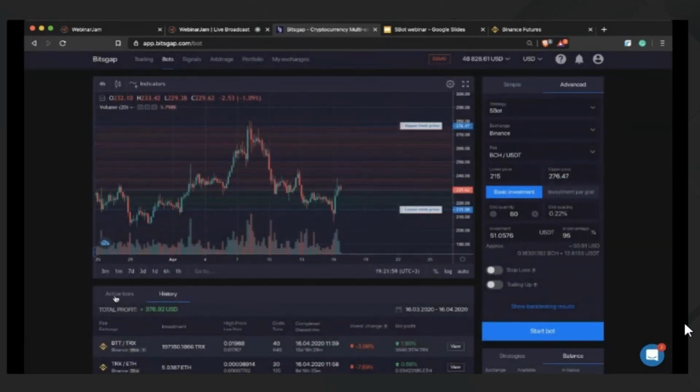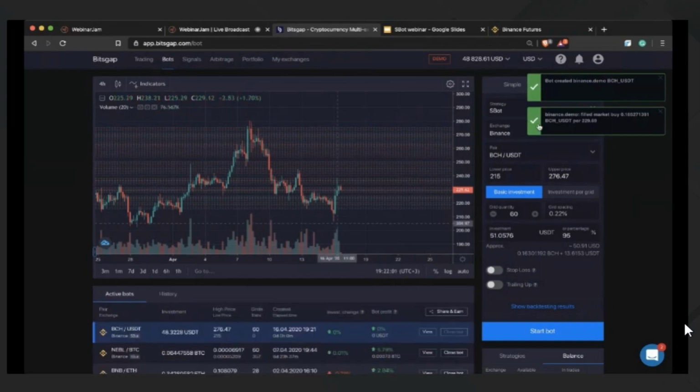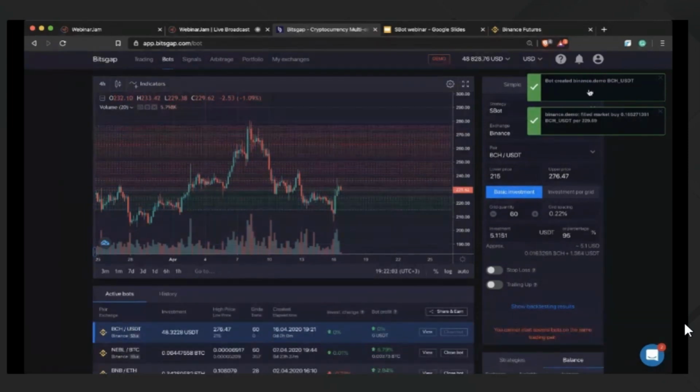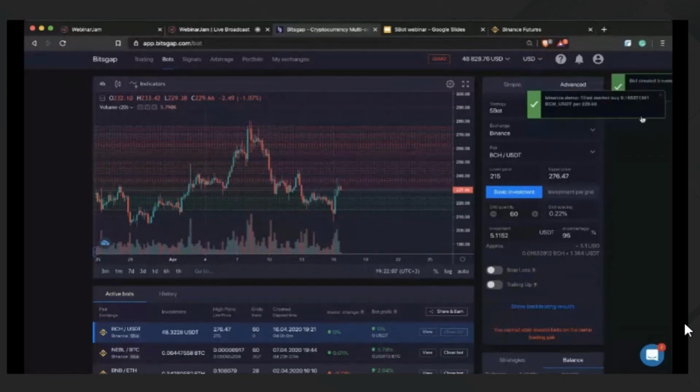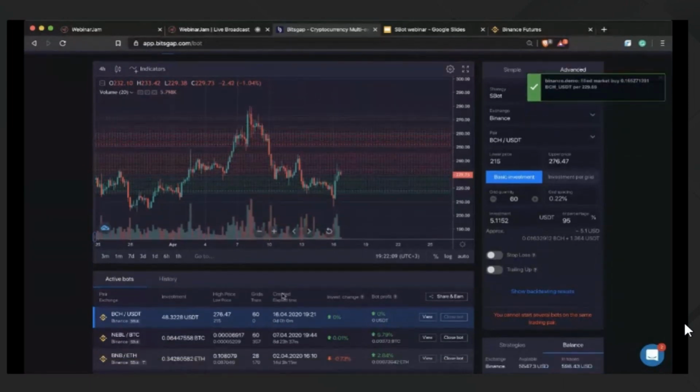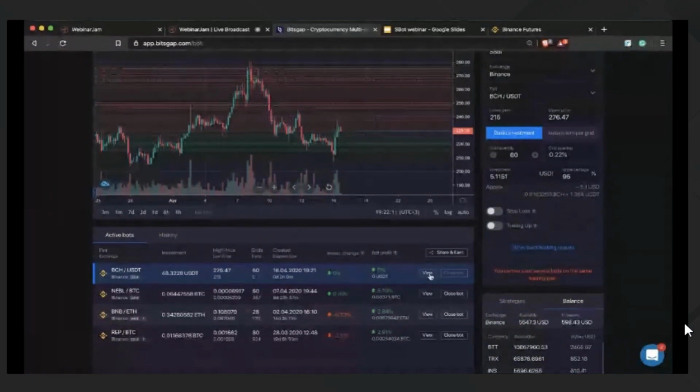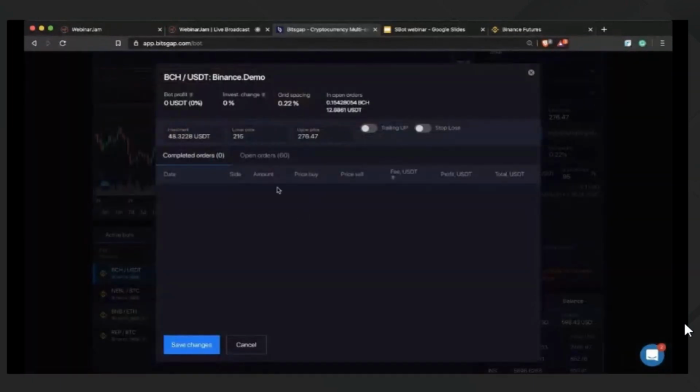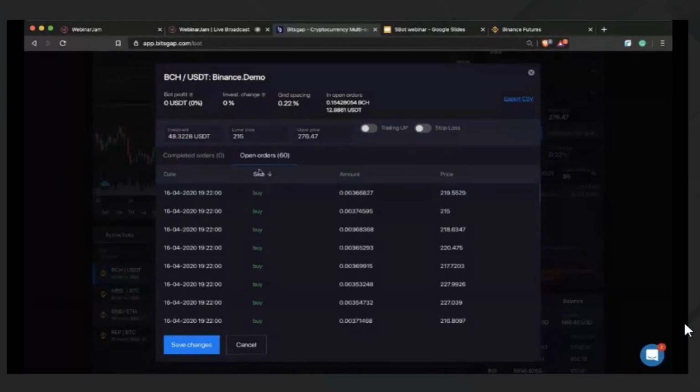What happens next is that my bot is now initiated. It has filled the market buy order. It bought this exact amount. Here it is. You can press on the view button and you see that I now have open orders, sell orders, like exactly those that I just showed you.